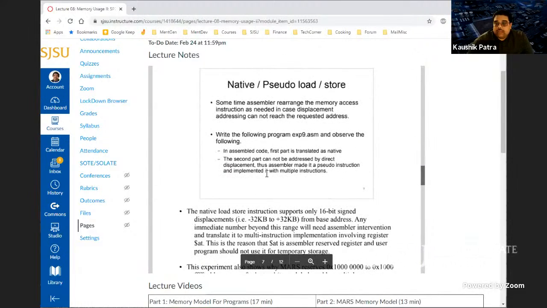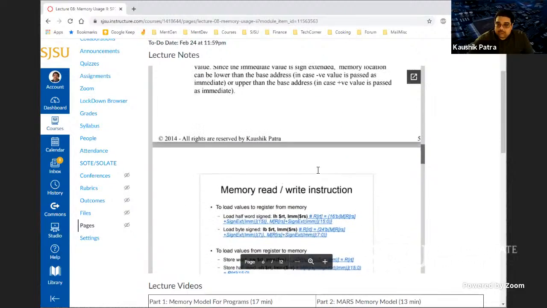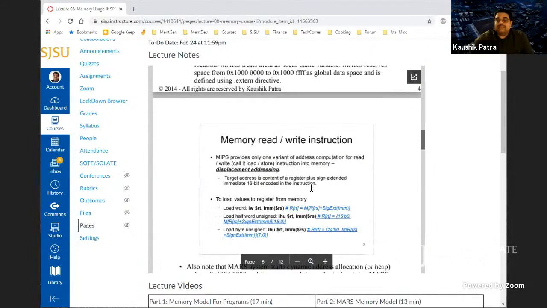Then we will do some experiments like pseudo load, pseudo store. So these 2 pages, the previous pages, describe the raw, processor supported instructions. So this is the only format, for example, that the processor supports. Load word, and then some register followed by some immediate value.